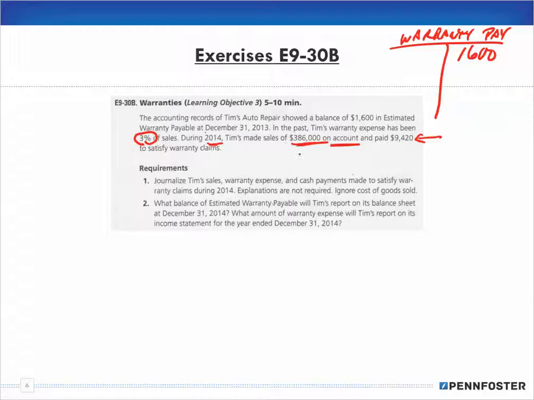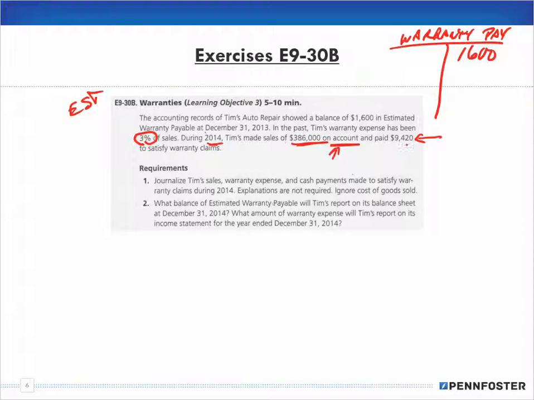Right. So as I was reading that, you saw me draw the T account here. Tim's warranty expense has been 3% of sales, so I know that I'm going to have to find my sales and take 3% of it to get my estimated warranty payable. And those sales are on account, so I might have to record those sales as an accounts receivable.